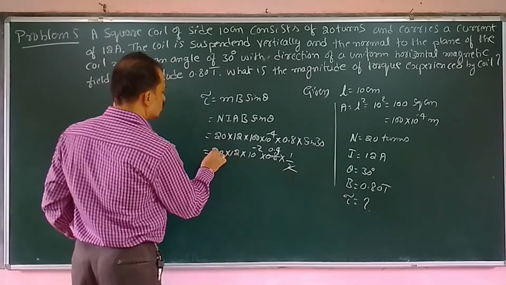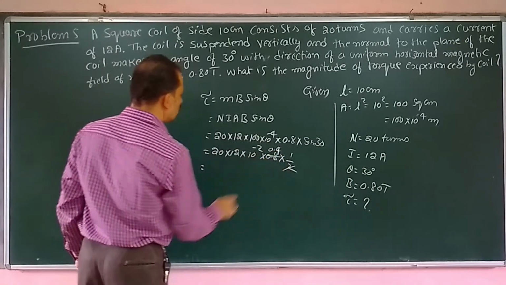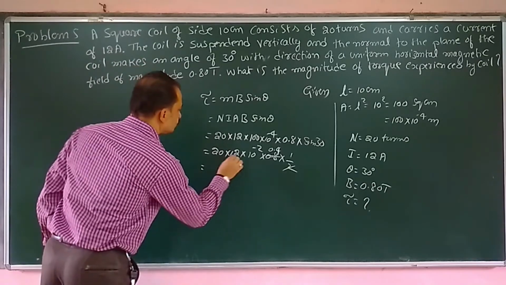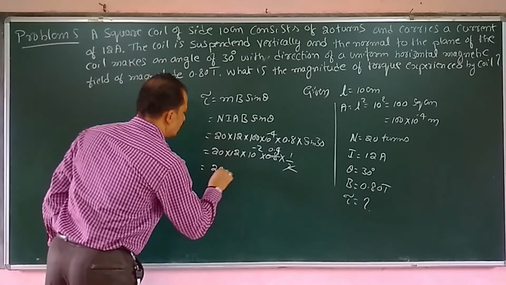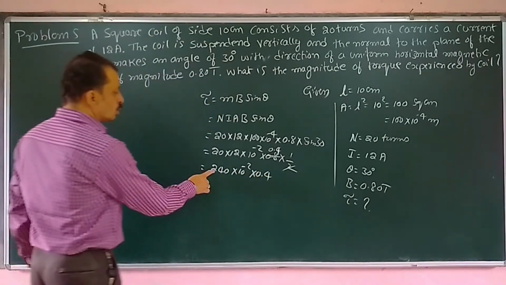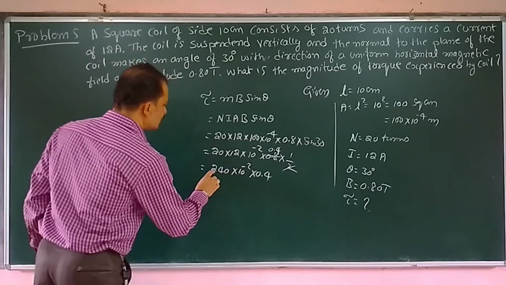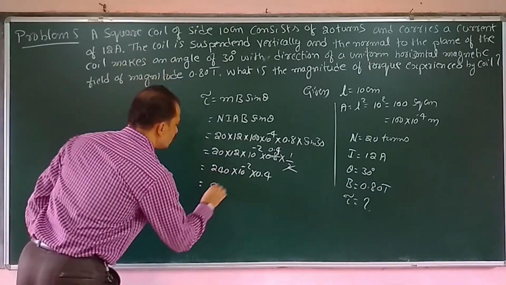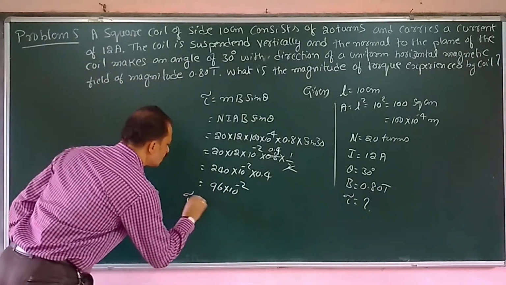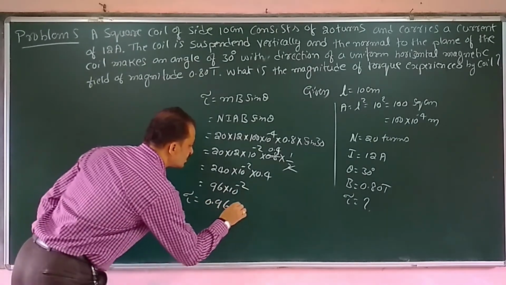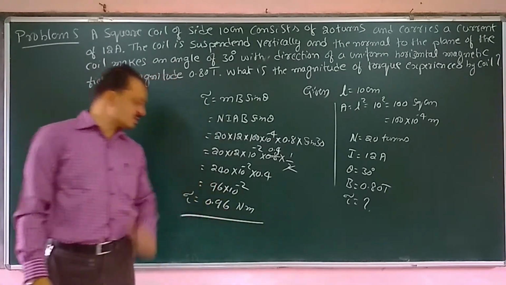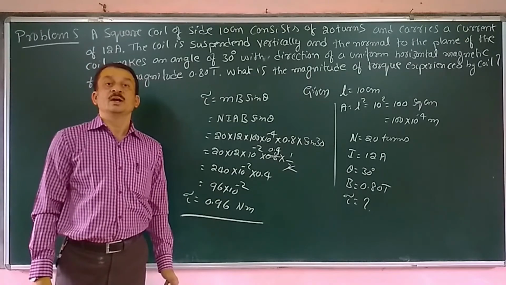Okay. 12 twos are 24. 24 into 4, it is 96. 20 into 12, 240 into 10 raised to minus 2 into 0.4. 24 into 4 is 96. That is 240 into 0.4. It is 96 into 10 raised to minus 2. Okay, simple multiplication is there. Now torque is equal to 0.96 Newton meter. That coil experiences a torque of 0.96 Newton meter.